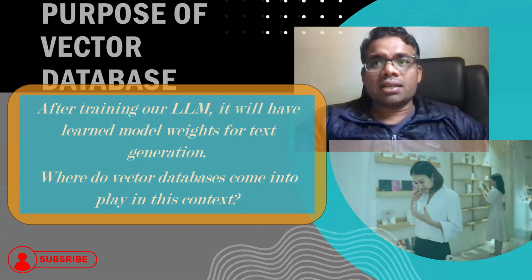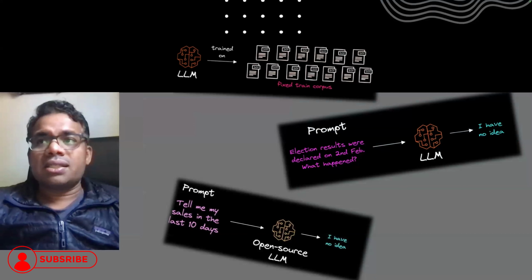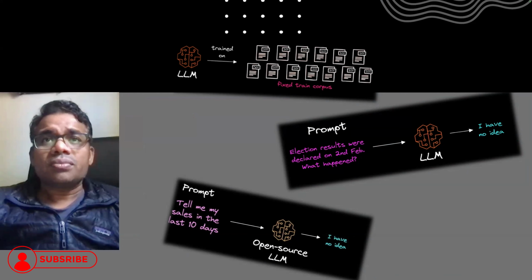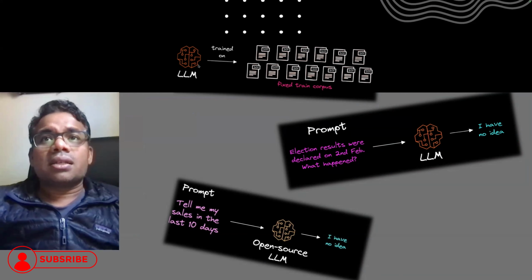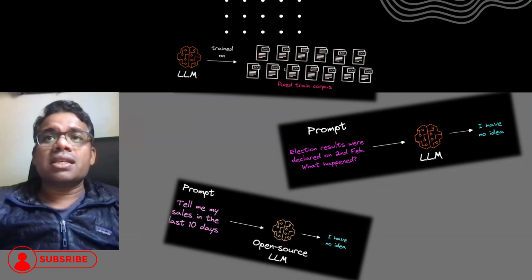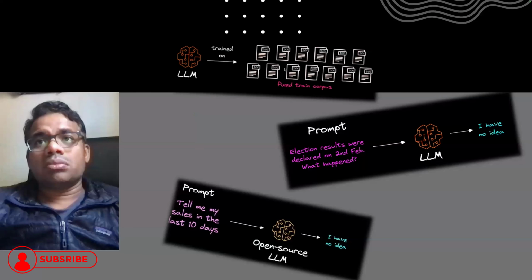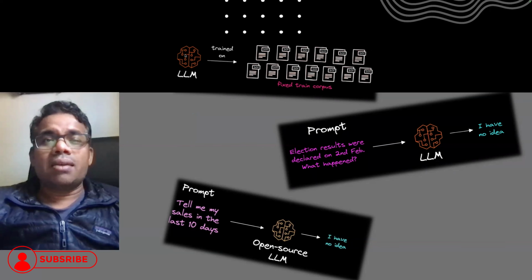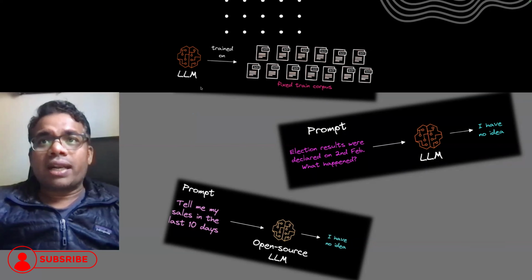Here, for example, we have a set of documents, a library of documents, that you send as input to the LLM, and the LLM gets trained on these particular documents.